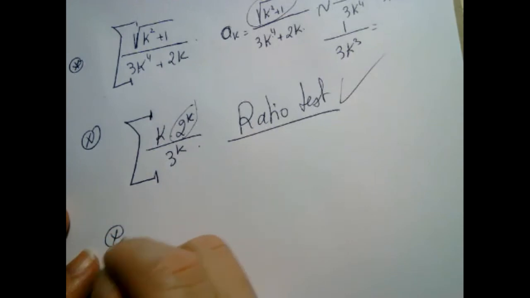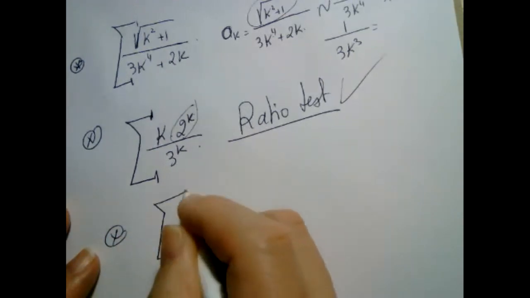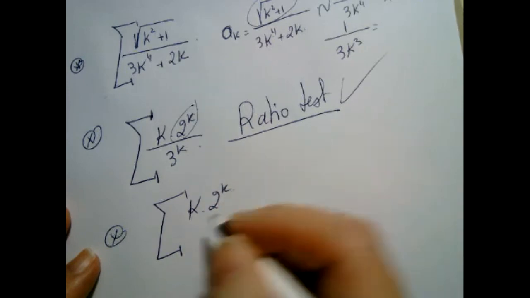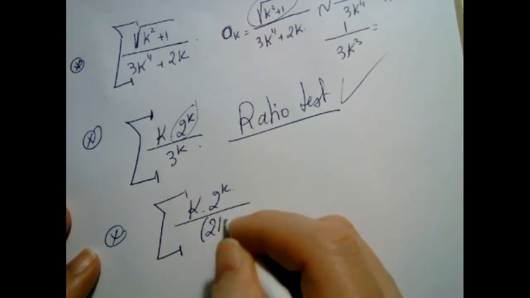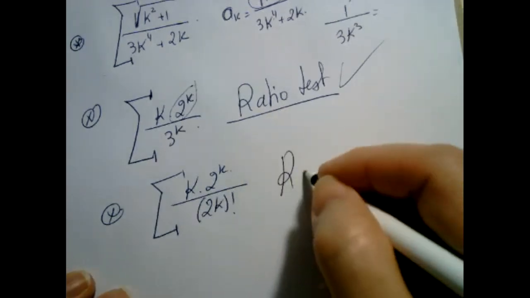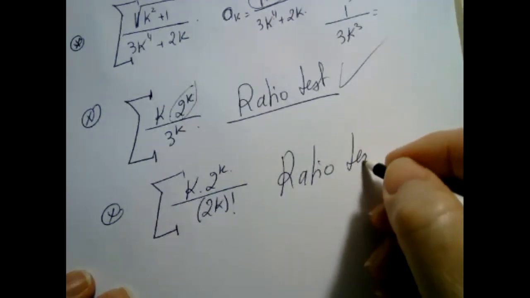Now, suppose I give you the following: sigma k, 2 to the k over 2k factorial. Which test? Ratio. Those scream ratio test.